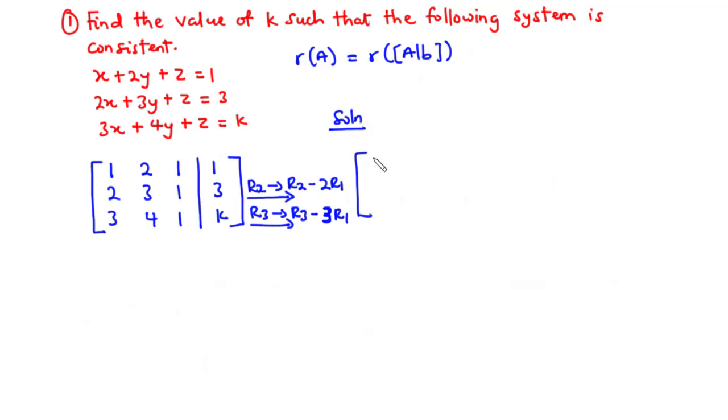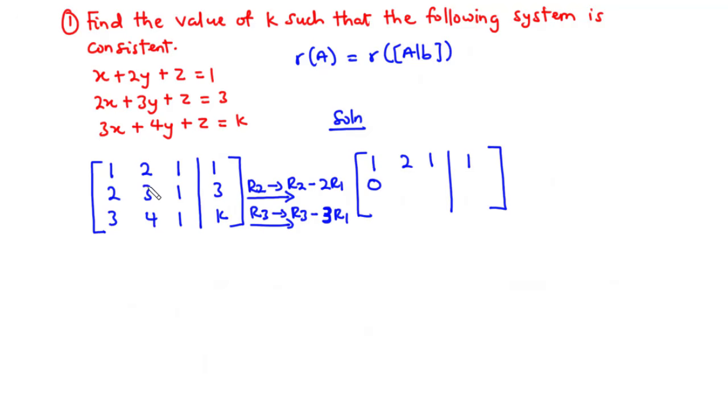So elements in row 1 remain unchanged, and then we make changes to row 2 and row 3. So for row 2, we have 2 minus 2 times 1, which is equal to 0.